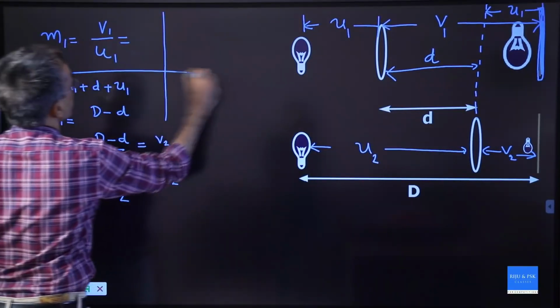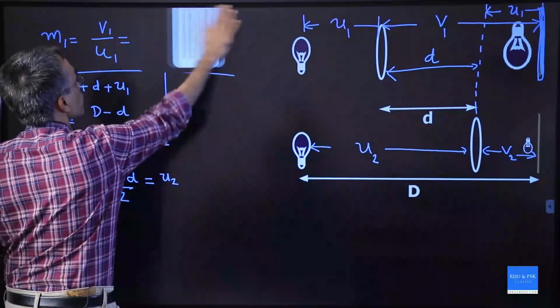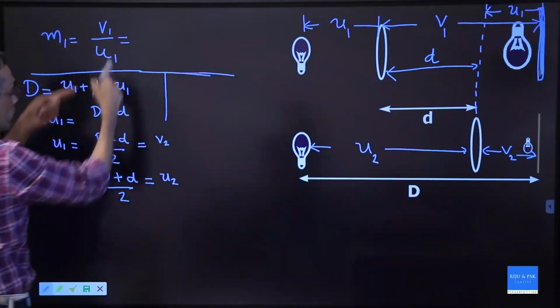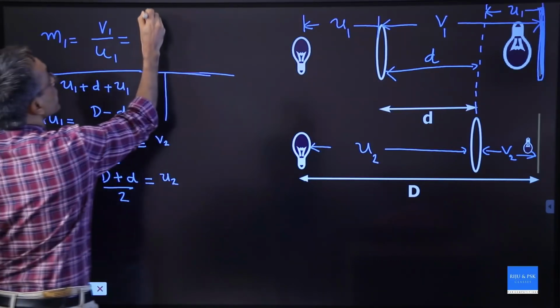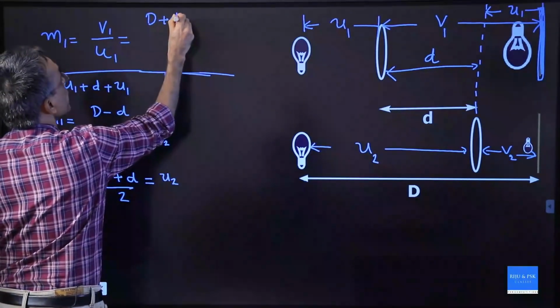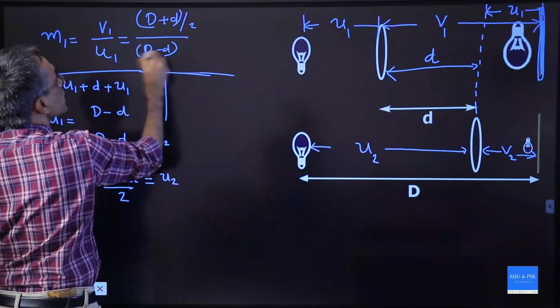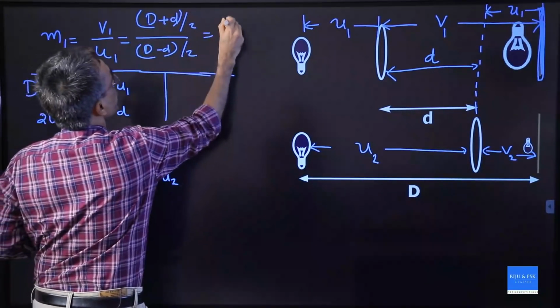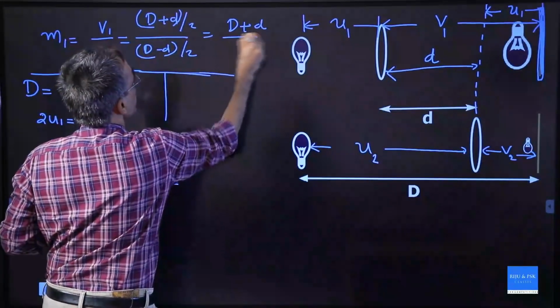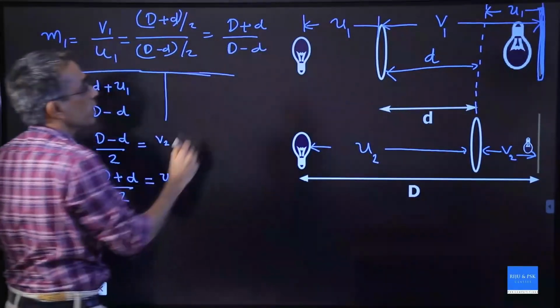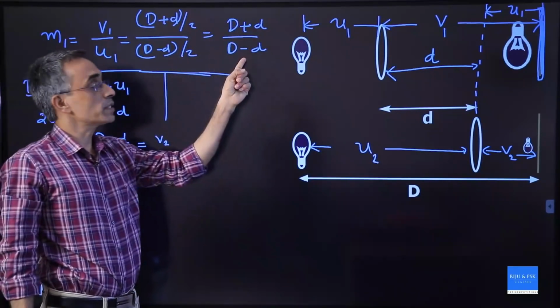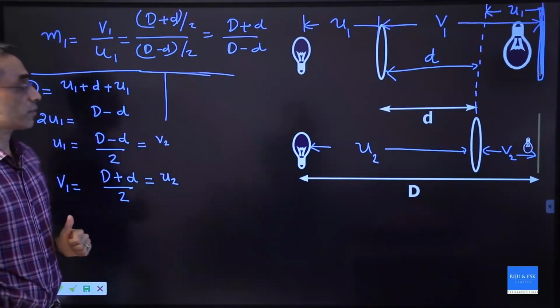From there, what is the magnification in the first case? V1 by U1. V1 by U1 is nothing but (D plus d) by 2 divided by (D minus d) by 2. So this will give you (D plus d) by (D minus d). Obviously, this is a larger value divided by a small value, so this magnification is greater than 1.